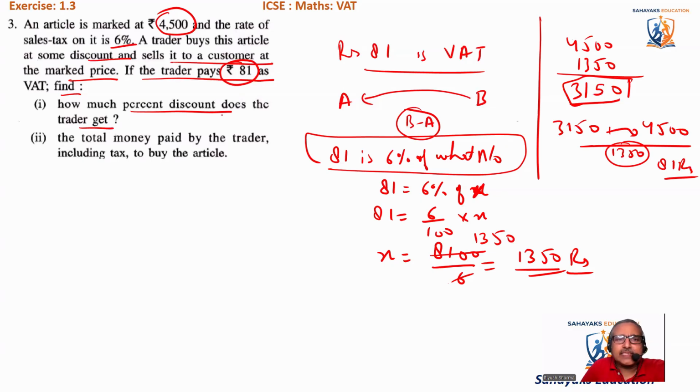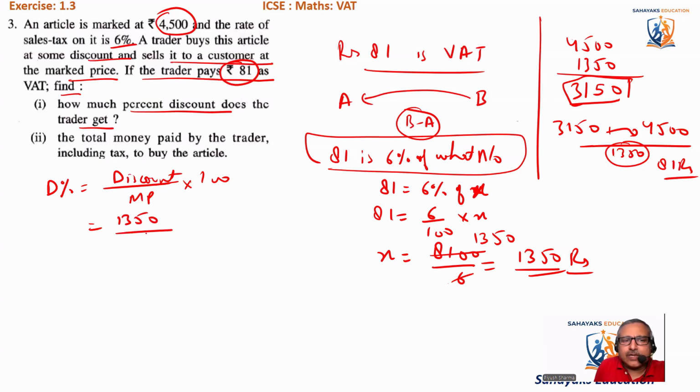So how much percentage discount does the trader get? They want to know what the discount percentage is. So discount percentage is equal to discount divided by the marked price into 100. Discount is 1350. So I'll say 1350 divided by the marked price, which was 4500, into 100.